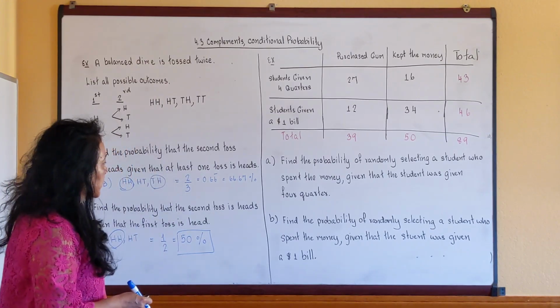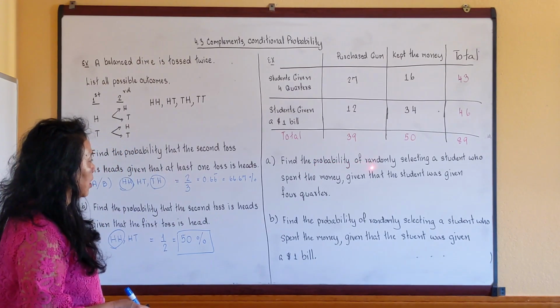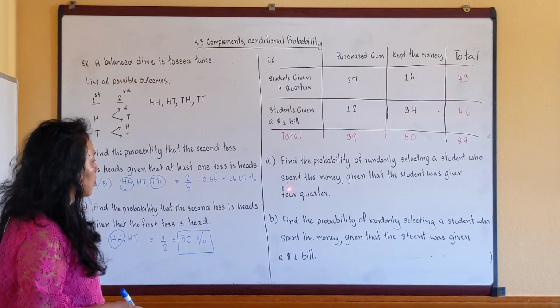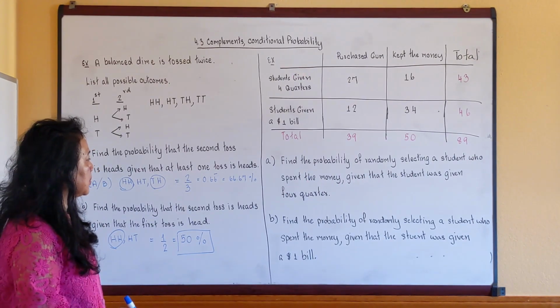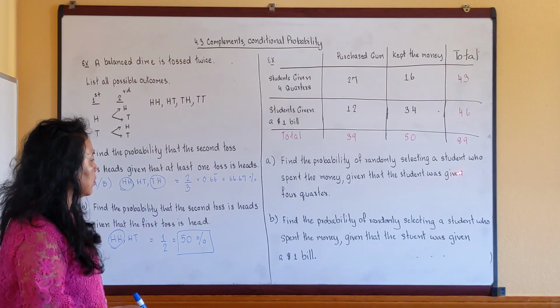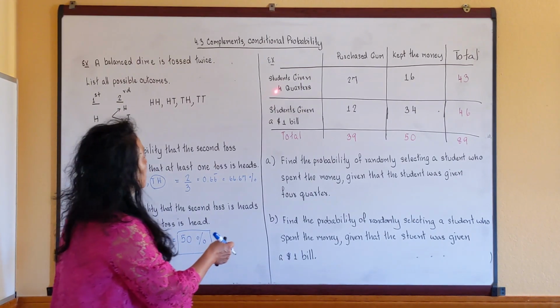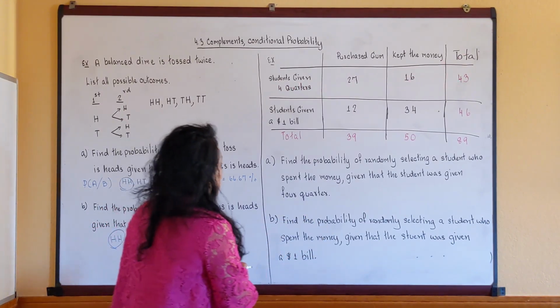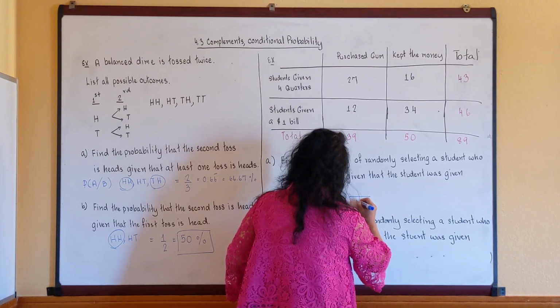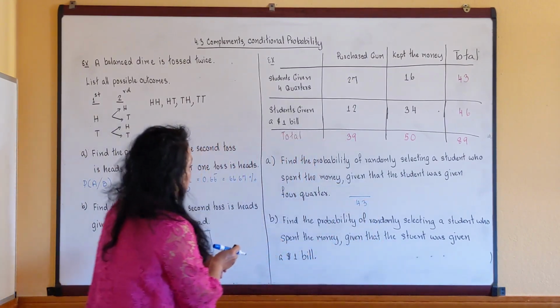The question is, find the probability of randomly selecting a student who spends money, given, this is a given condition, it's conditional probability, given that the student were given a quarter. This is the one that we give a quarter. Given 43.